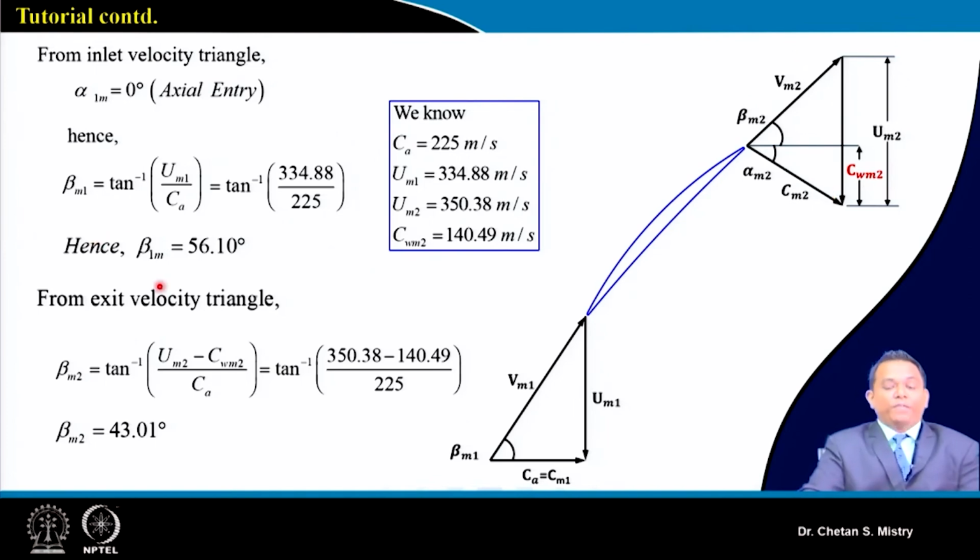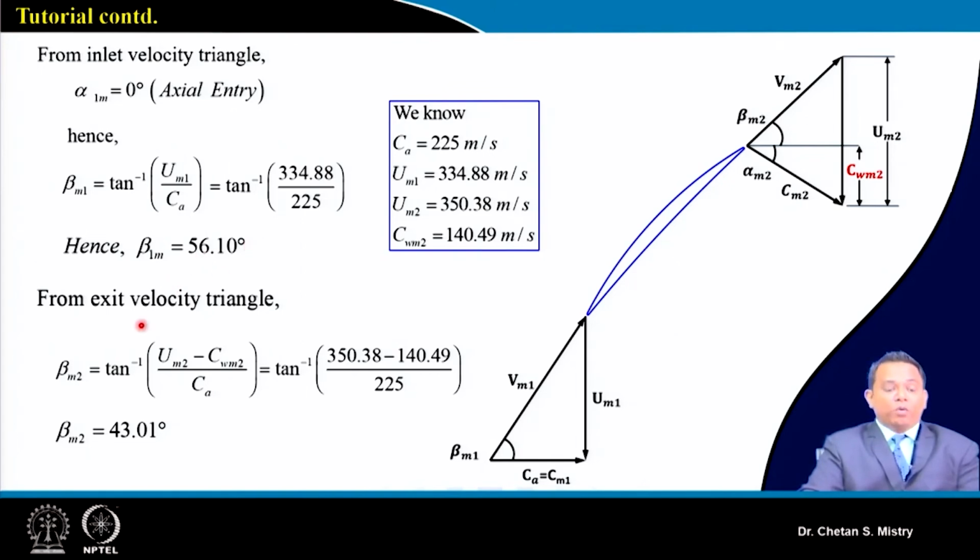Now we can calculate my entry angle, beta 1 at mid station, which is given by tan inverse of U by Ca. We have calculated the peripheral speed at the entry and at the exit, so based on that we get beta 1, and it is coming 56.10 degree.